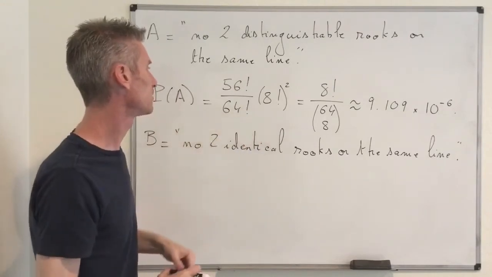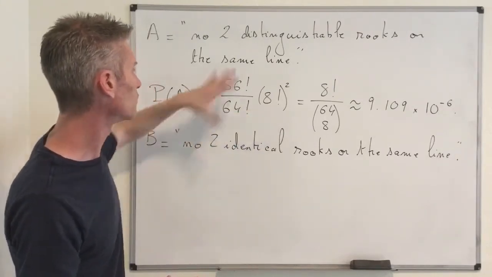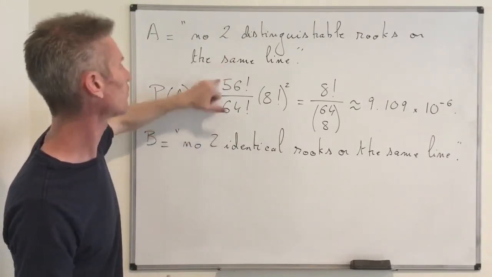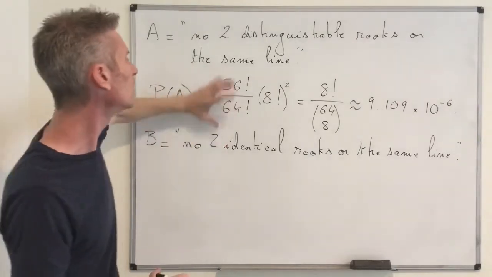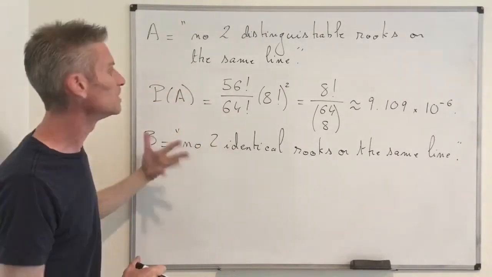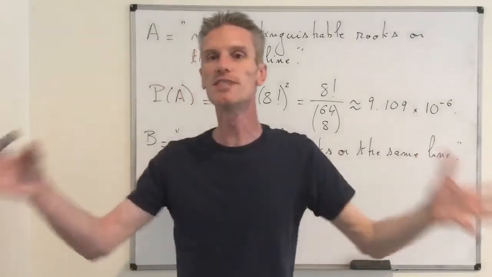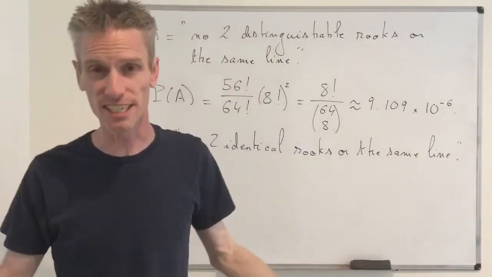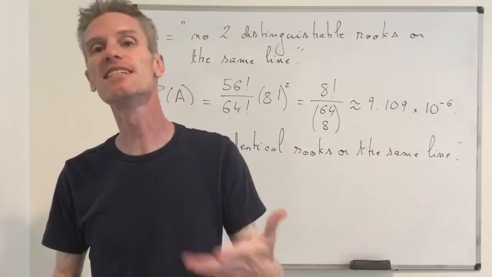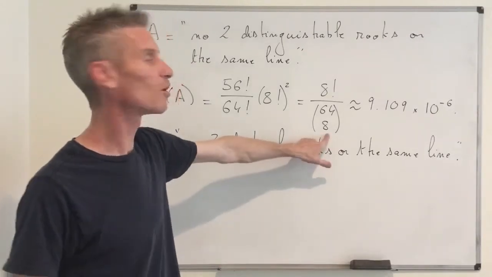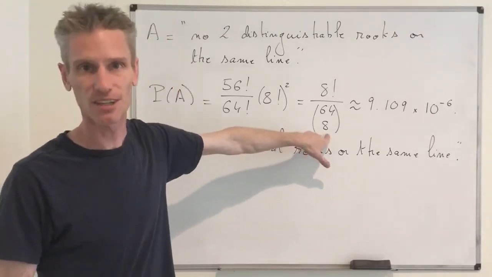Now instead, we saw that we have to choose 8 squares from a set of 64, so that's just 64 choose 8. That's exactly the number we got before after simplification.